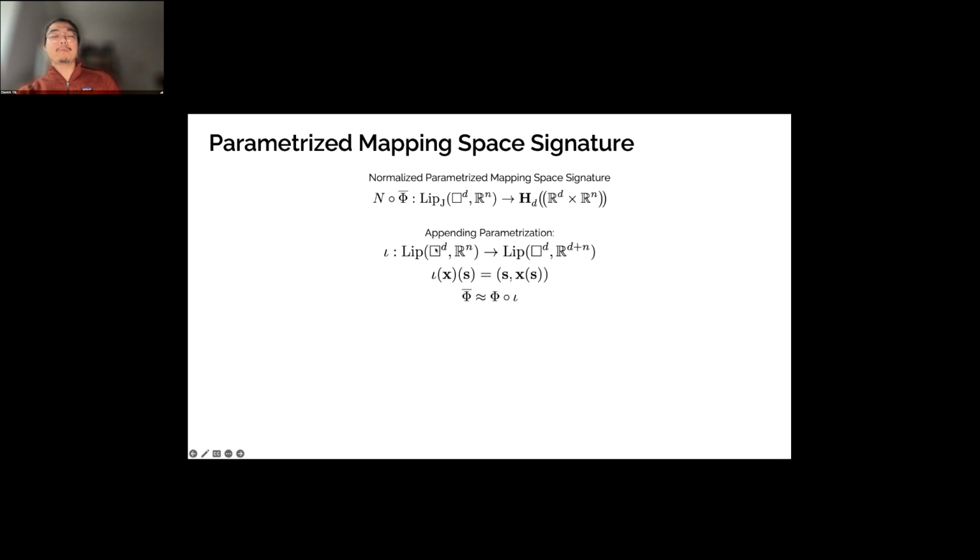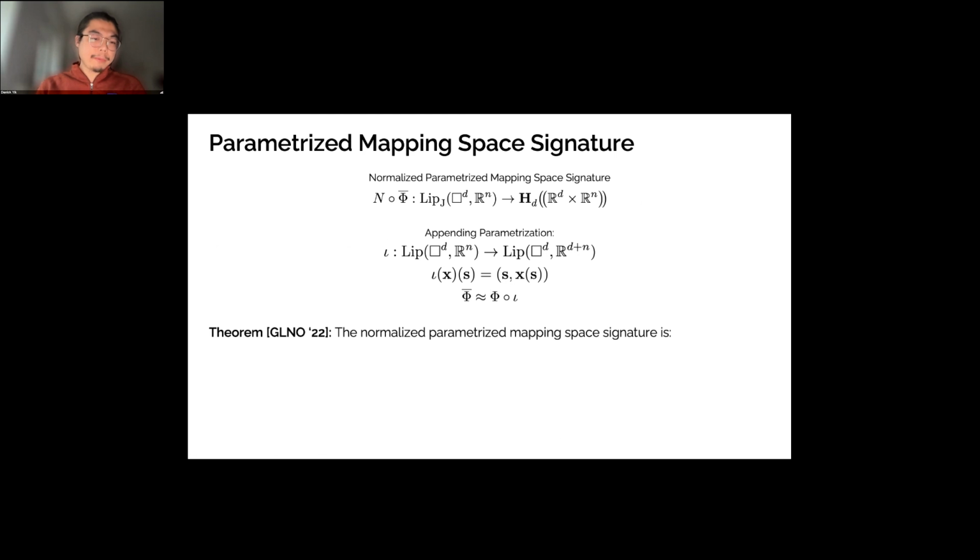So here we're taking a map from the d-cube into R^n, and we're just adding in the parametrization to the map itself. So this becomes a map from the d-cube into R^(d+n). I'll denote the parametrized mapping space signature as phi bar.